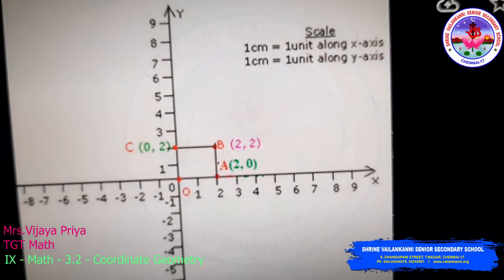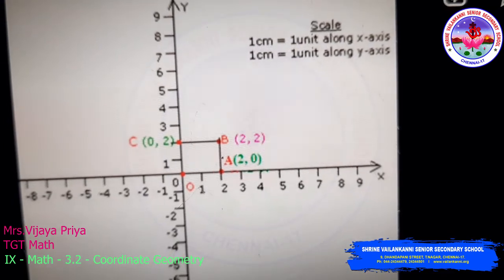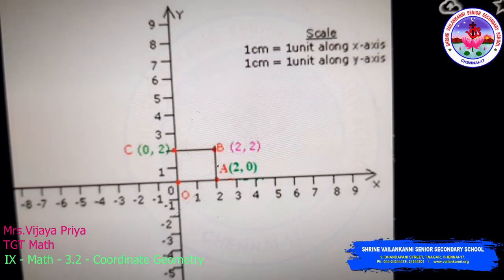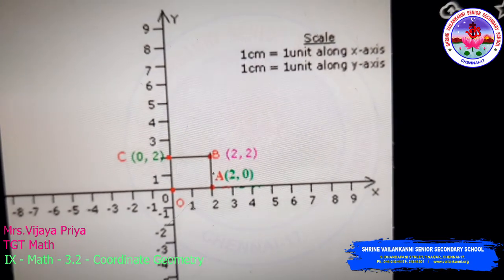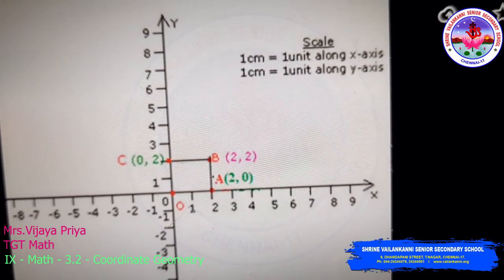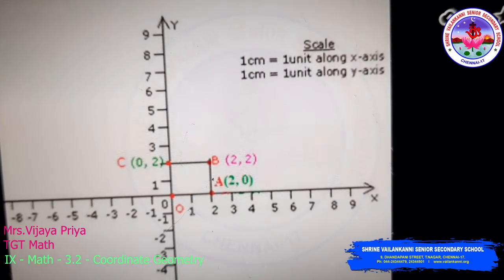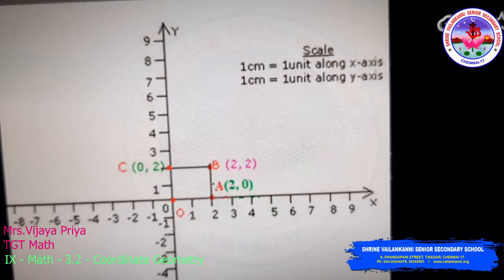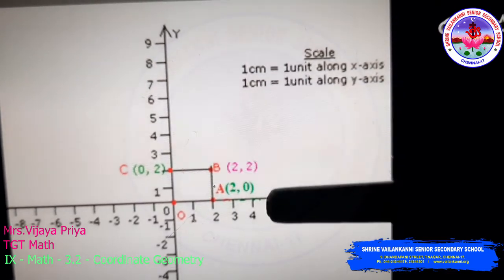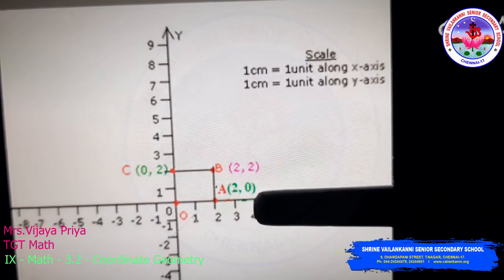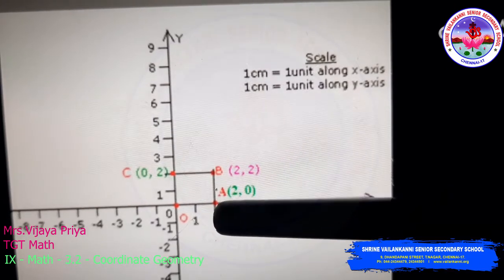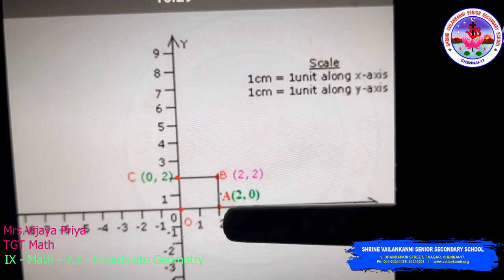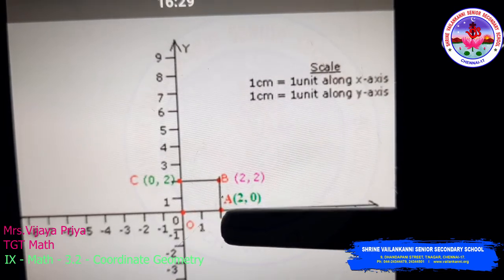Divide the graph into x-axis and y-axis and mark the measurements as 1 centimeter equal to 1 unit. Now we are going to plot the points A, B, C in the graph, where A is (2, 0), where my y-axis is 0 here. So I will get the coordinate (2, 0). This coordinate will be on the x-axis. So my A point (2, 0) will be plotted on the line of the x-axis.